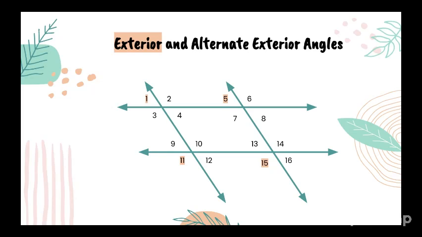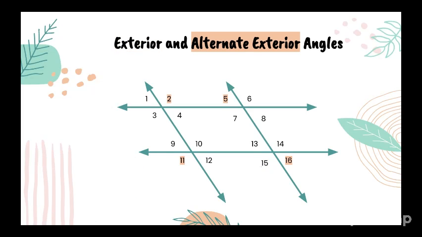Another similarity is that 1 and 11 add up to 180 degrees, just like our interior angle sets. And 1 and 11 are exterior angles, as well as 5 and 15 in this example. Let me know if you can see any more.